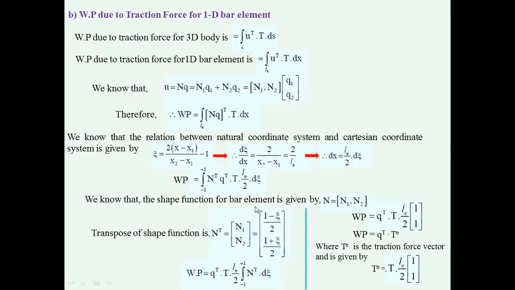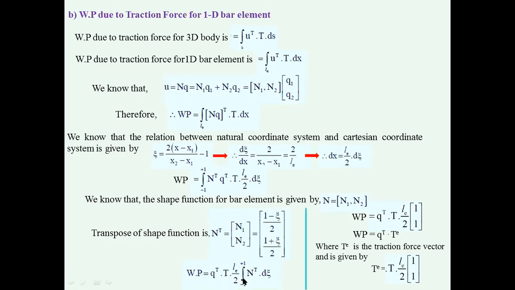We know that the shape function for two-noded bar element is given as N equals N1 comma N2. Since in the equation we have a transpose, we just transpose this. So the transpose of the shape function, N transpose, equals N1 N2. The value of N1 is 1 minus zeta by 2. The value of N2 is 1 plus zeta by 2. On rearranging this, q transpose T LE by 2, integration of minus 1 to plus 1 N transpose into d zeta.